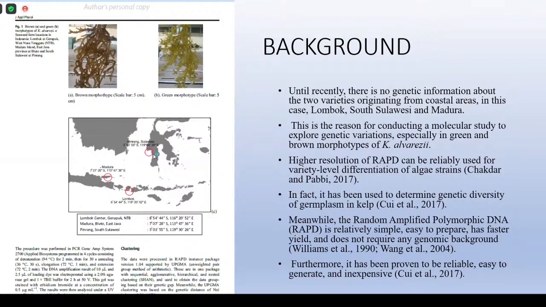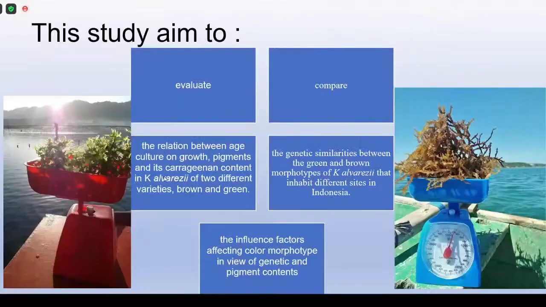And this is the localization, the culture in Madura, in Lombok, and in Sulawesi. The study aimed to evaluate the relation between age of culture on ground, pigments, and carrageenan content in Kappaphycus alvarezii of two different varieties, brown and green.